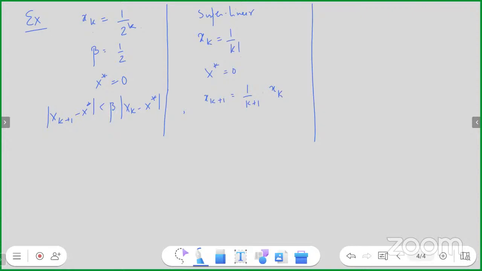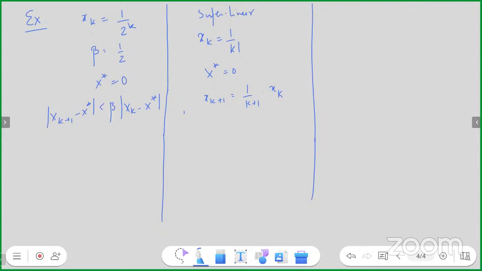Any other example? All you have to do is to produce a beta k which goes to 0.